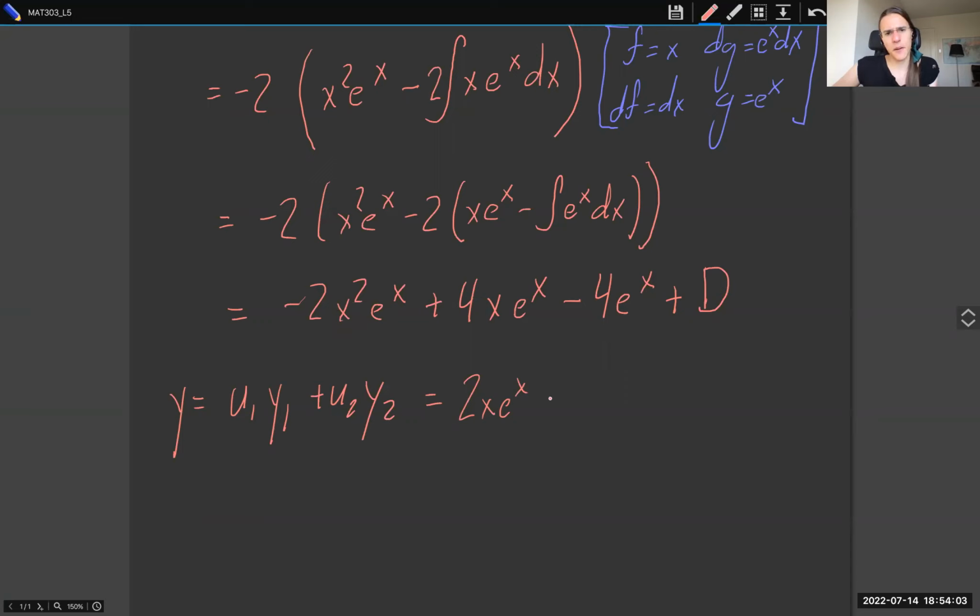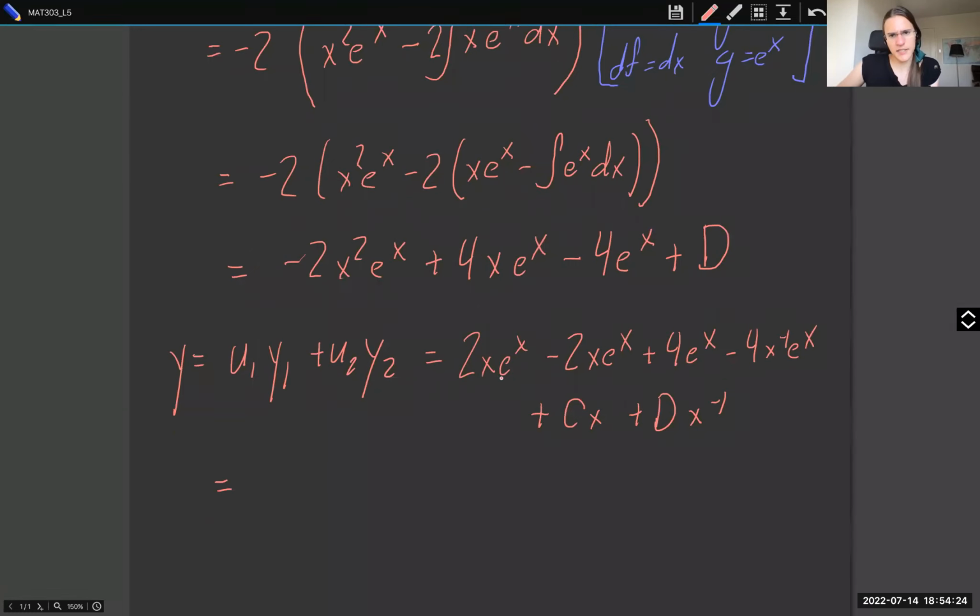So minus 2x e to the x plus 4 e to the x minus 4x inverse e to the x, then plus cx plus d x inverse. And that is, these two terms cancel out, 4 e to the x minus 4 x inverse e to the x plus c of x plus d of x inverse.